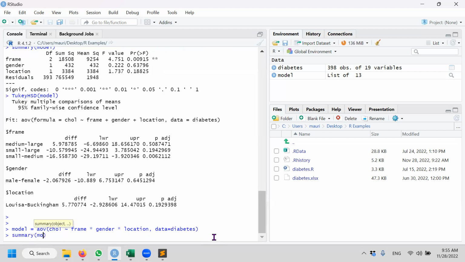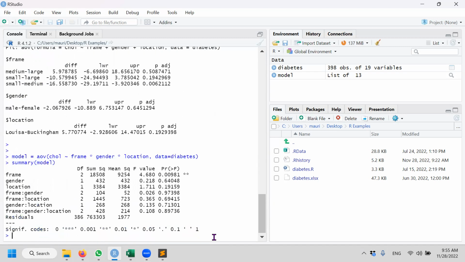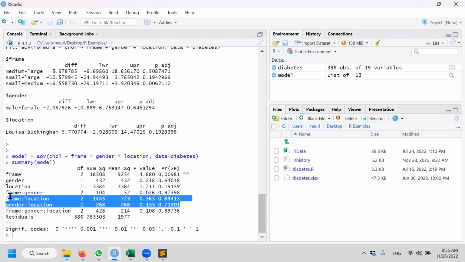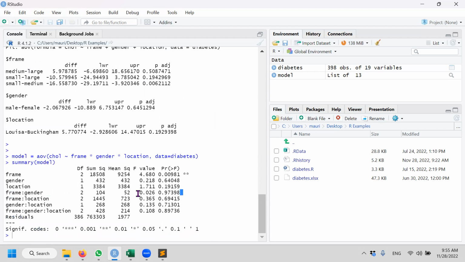So summary of the model. Okay. So see, now we have the 3 additive model. For the 3 additive model, it only tells us body frame is significantly different. Then we also look at the interaction effects between body frame and gender, between body frame and location, and then body frame, gender and location.